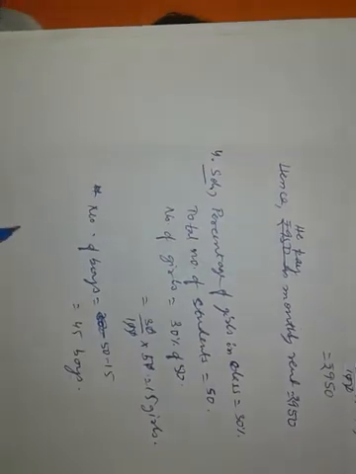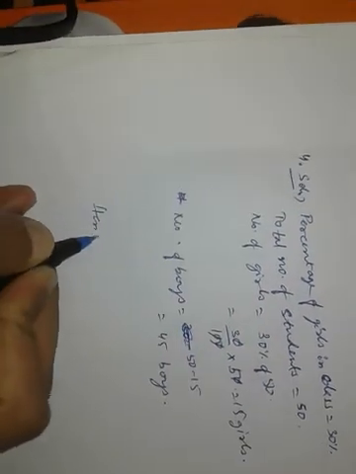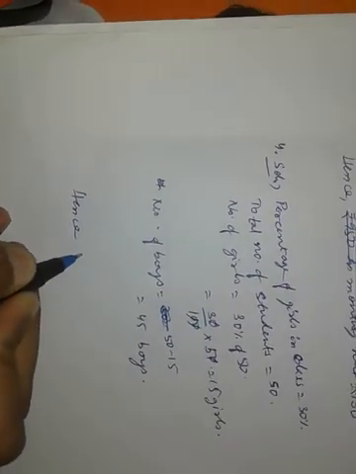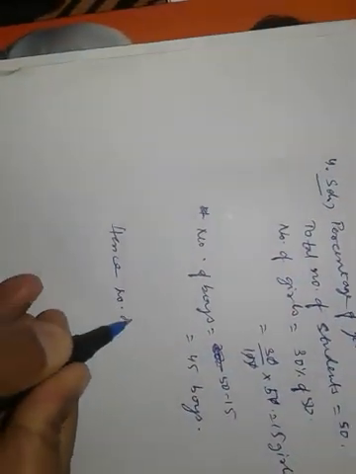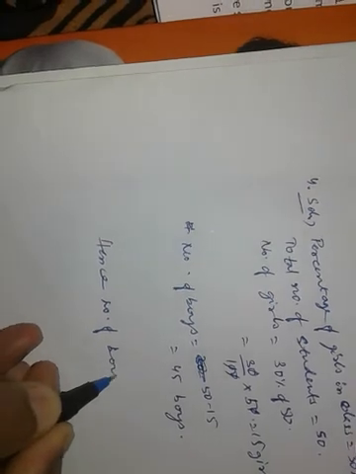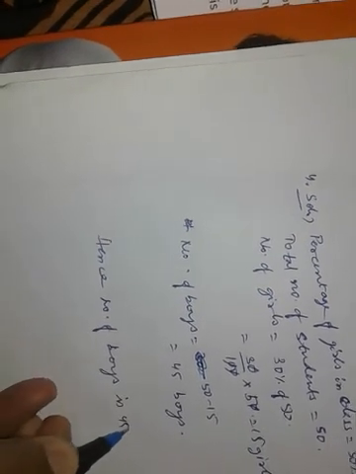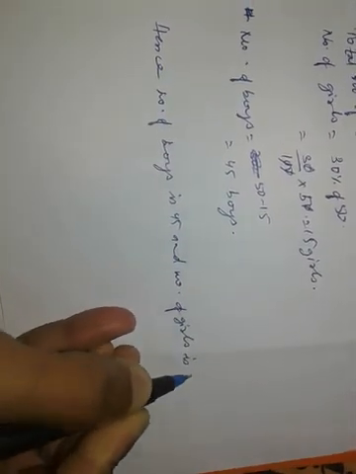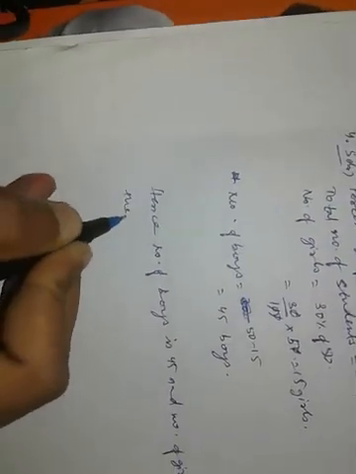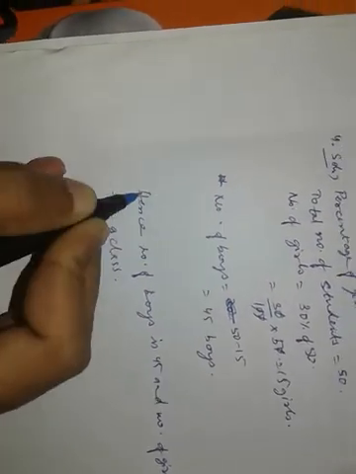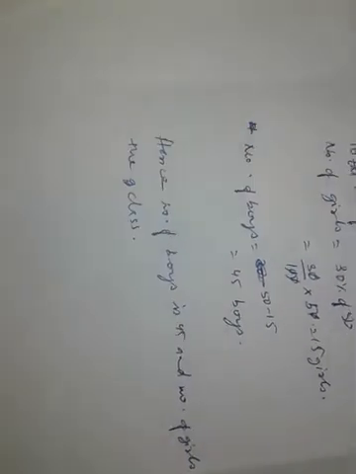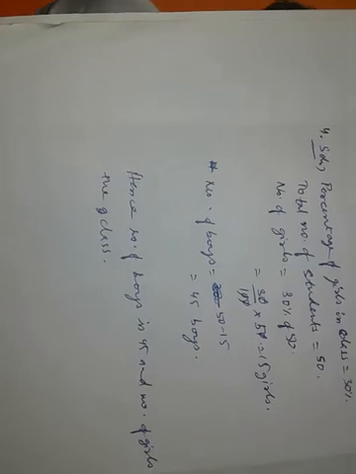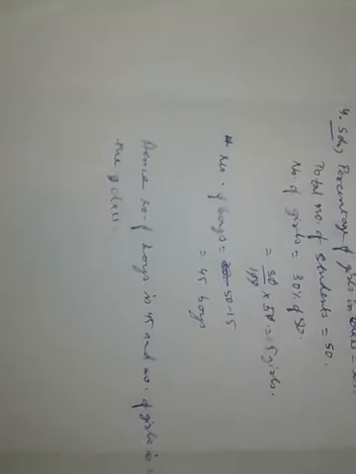Hence the number of boys is 45 and the number of girls is 15 in the class. So like this we have to do this word problem. You have to write the appropriate wording, I mean the language.